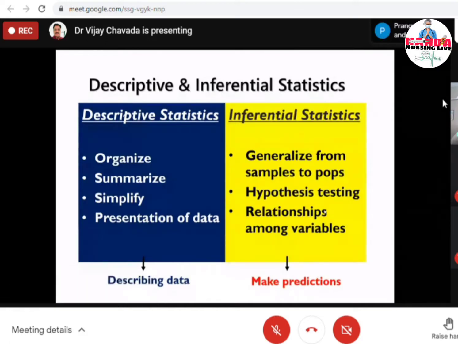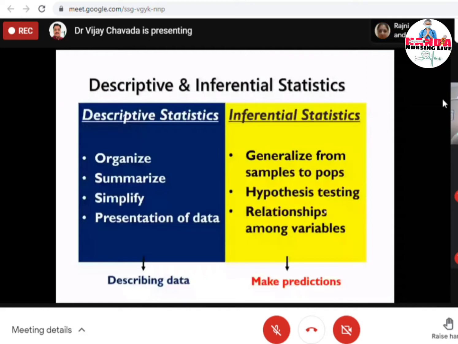We draw inferences from the sample to the population from which it has been drawn. This generalization of inferences from the sample to the population comes under inferential statistics.